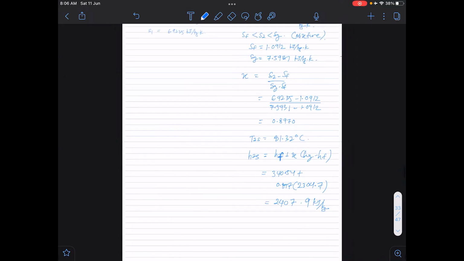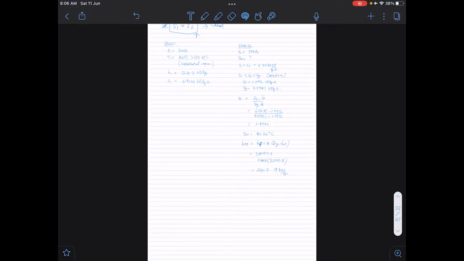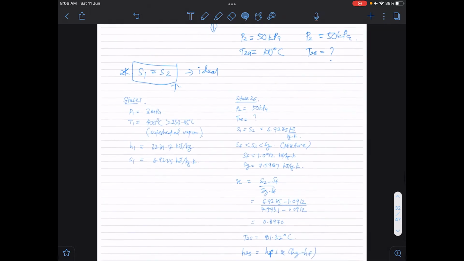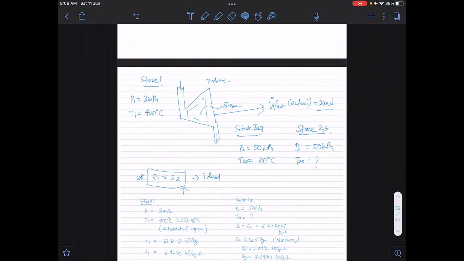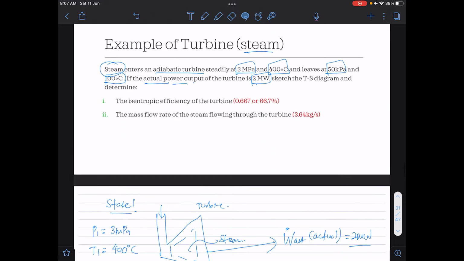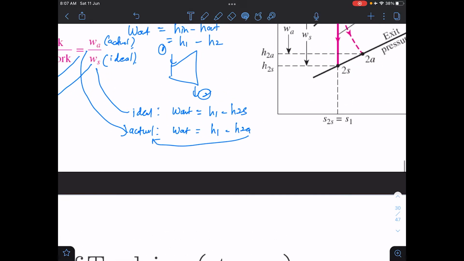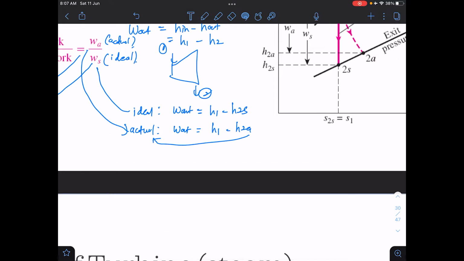Alright, so in order to get the power output of the ideal condition of this turbine, we put back the formula here. As mentioned previously, the work output of the ideal is H1 minus H2s.